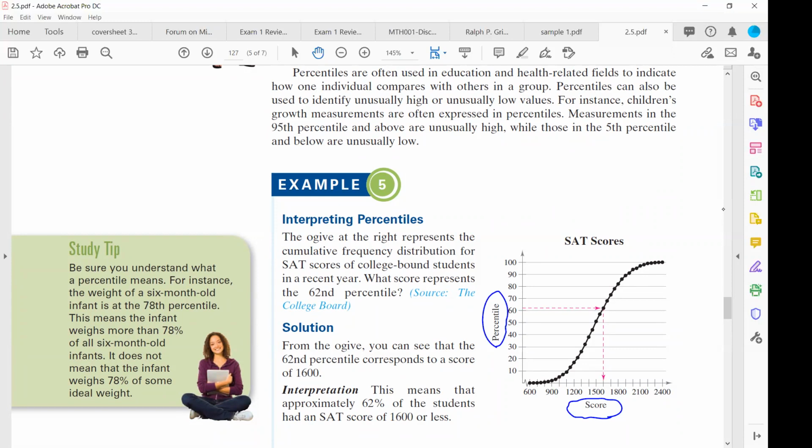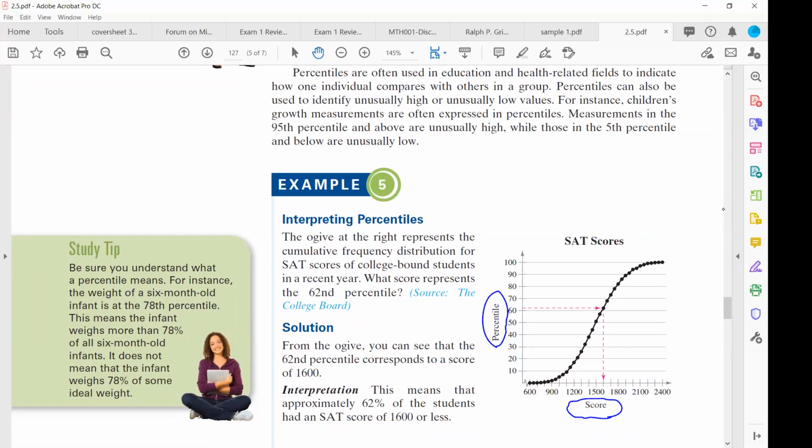On the vertical axis, you have the percentiles. What's the meaning of that? Let us take a look at the lowest numbers here: 600, 700, 800, 900, 1,000, 1,200, and so on.